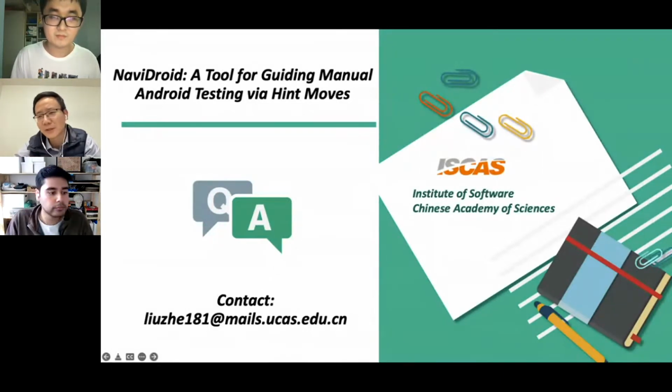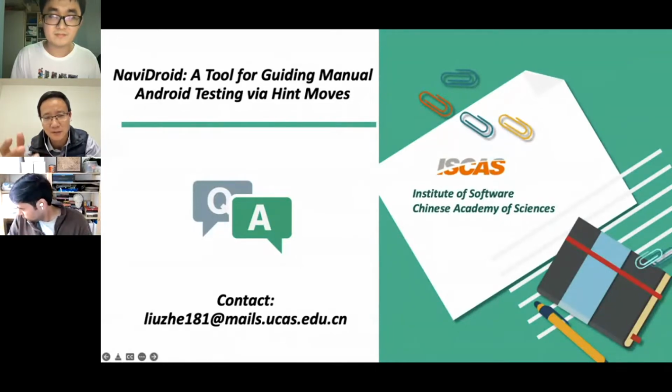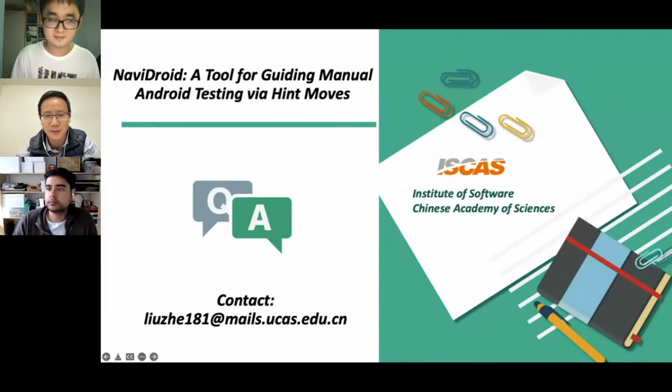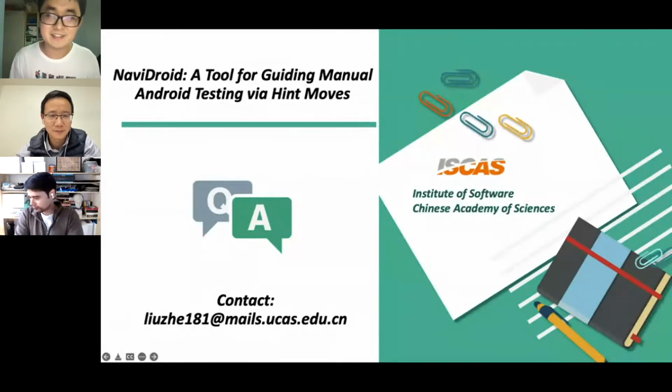But I'm just wondering, I guess you are using static analysis of the code to generate the hints, right? Yeah. So how do you compare Navidroid with existing purely static analysis guided automated testing? Oh, okay. I think it's a good question.